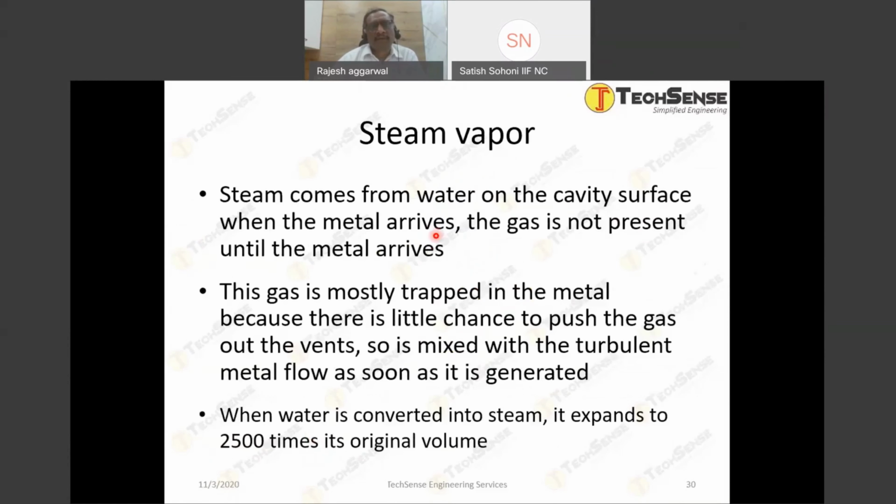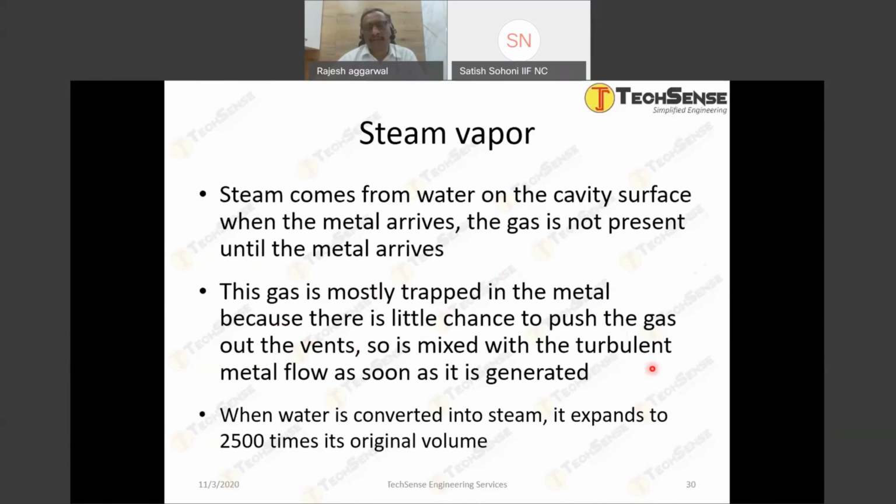Steam vapor. Steam comes from the water on the cavity surface when the metal arrives. The gas is not present until the metal arrives. What we talked about, the air present inside the cavity, that is the air. That is slightly different from the gas generated by the vapor. This gas is mostly trapped in the metal because there is little chance to push the gas out of the vents.